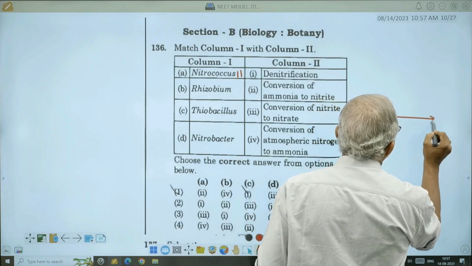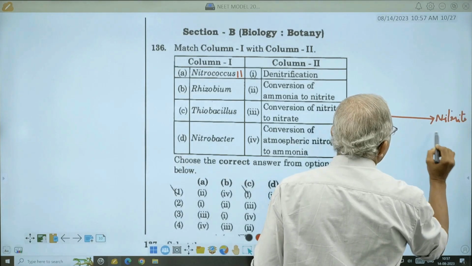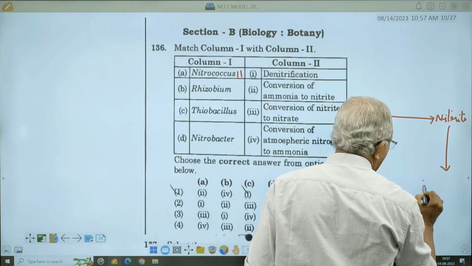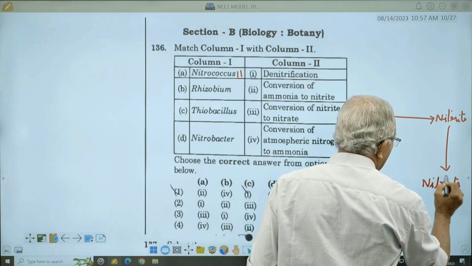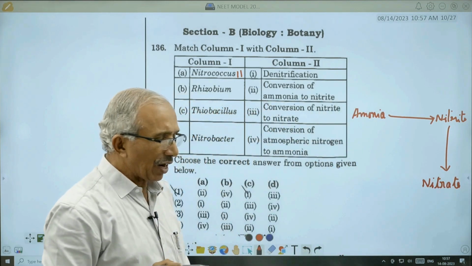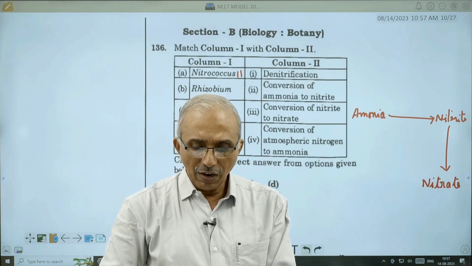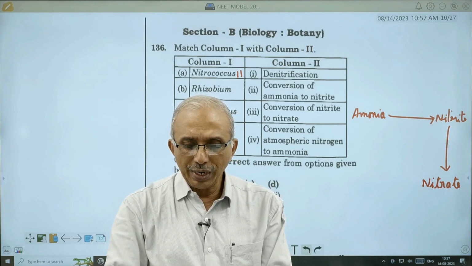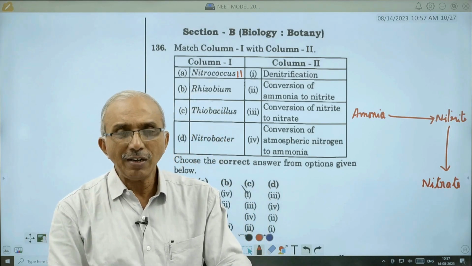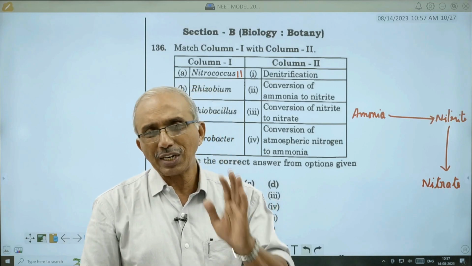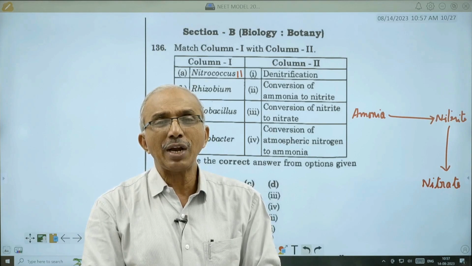Nitrification occurs in 2 stages. In the first stage, ammonia is converted to nitrite.